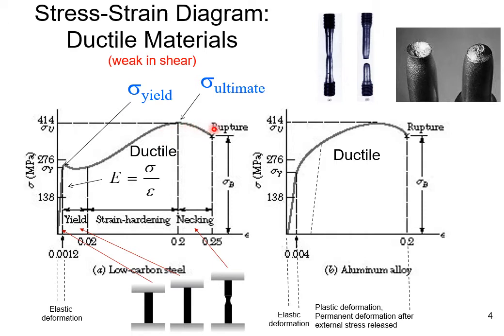Before rupturing, the material will undergo necking, as you can see over here. This is necking, where the weakest regions in the material have their cross-section deformed and thinned, resulting in necking. Among this behavior of the material, there's a point where the stress is the highest. This itself is what we call the ultimate stress.